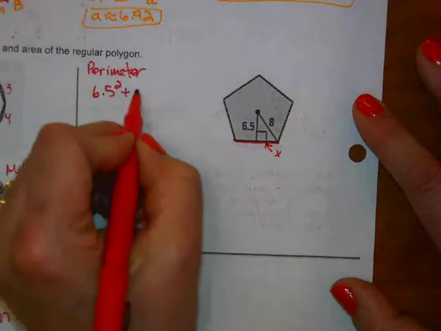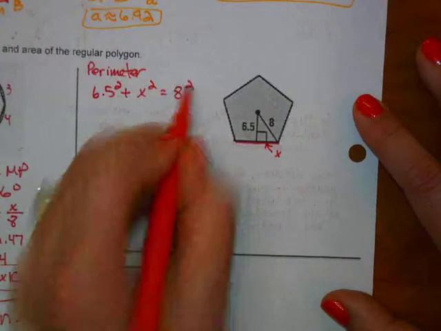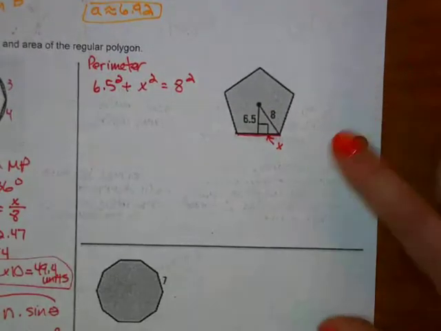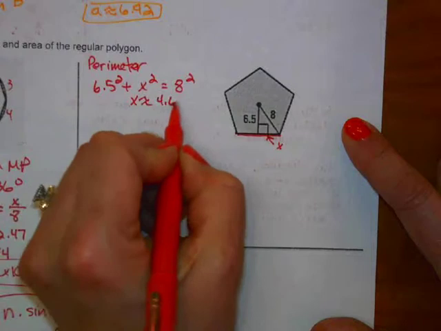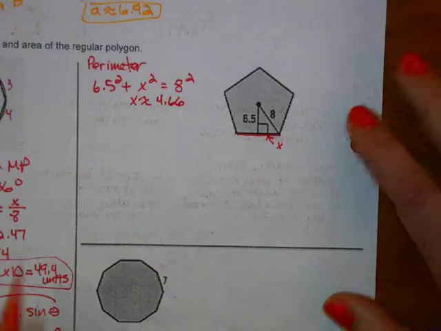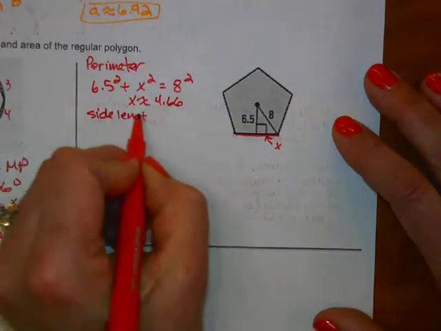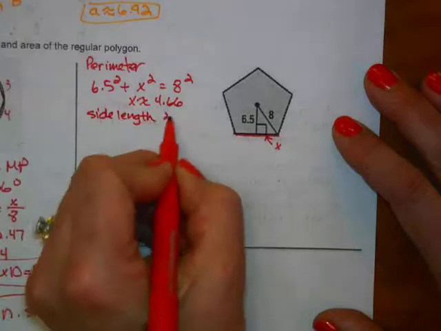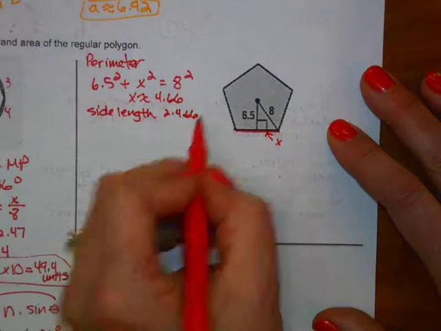6.5 squared plus x squared equals 8 squared. I'm just using the Pythagorean theorem on that right triangle. X is approximately 4.66. The side length then is double that. 2 times 4.66, which would equal 9.33.